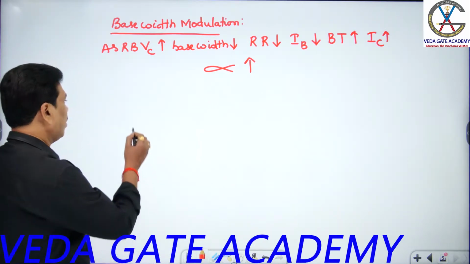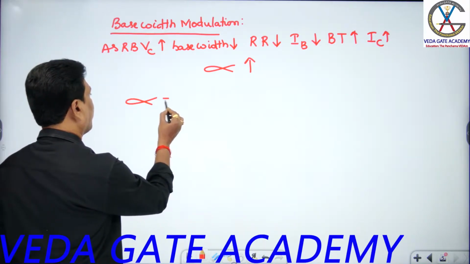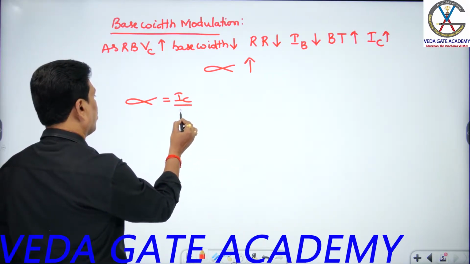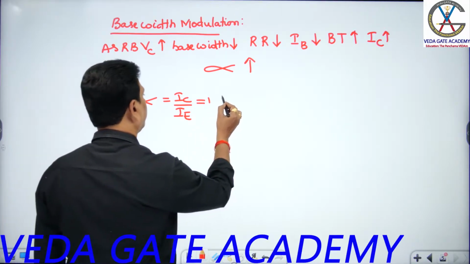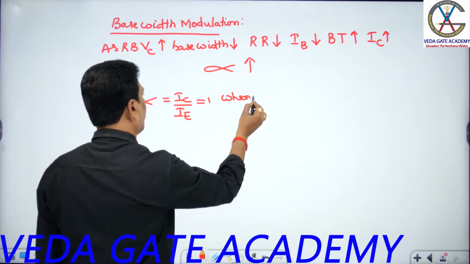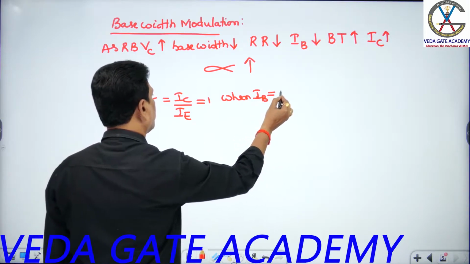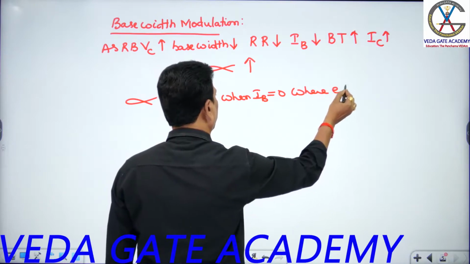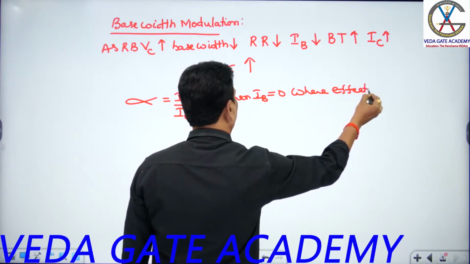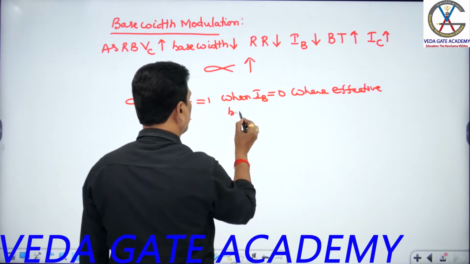And you know that alpha equals IC by IE, which becomes exactly equal to 1 when IB equals 0, where the effective base width is 0, students.